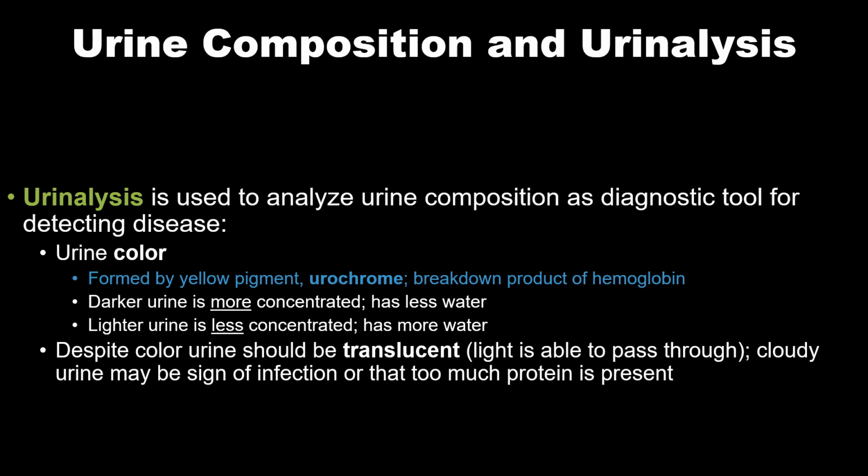Urine is typically colored by a yellow pigment called urochrome, which is a breakdown product of hemoglobin. The more concentrated the urine, the less water is present, so the same amount of urochrome makes urine dark yellow. If a lot of water is being reabsorbed, you're going to have that dark yellow urine.